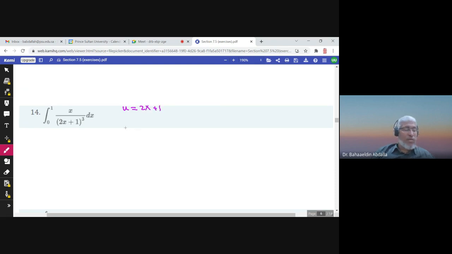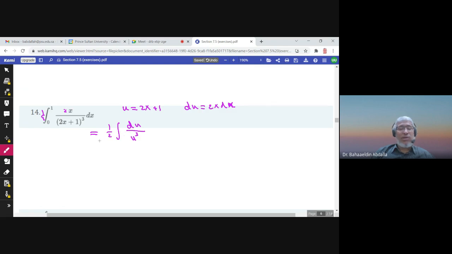Let me see what would happen, okay? So du would be 2x dx. So I have 2 here, so there will be half outside. So the integral would be half times, now 2x dx is just du, and this is u to the power 3.